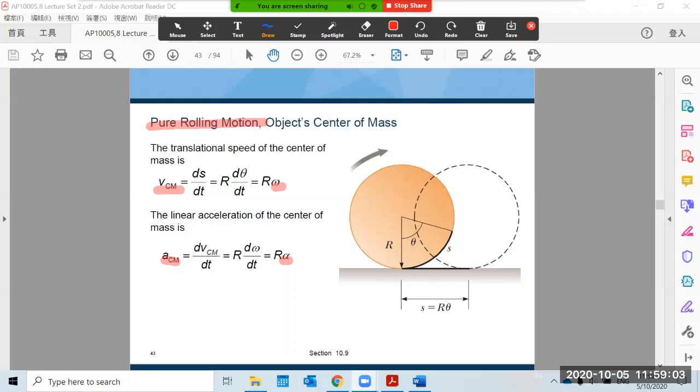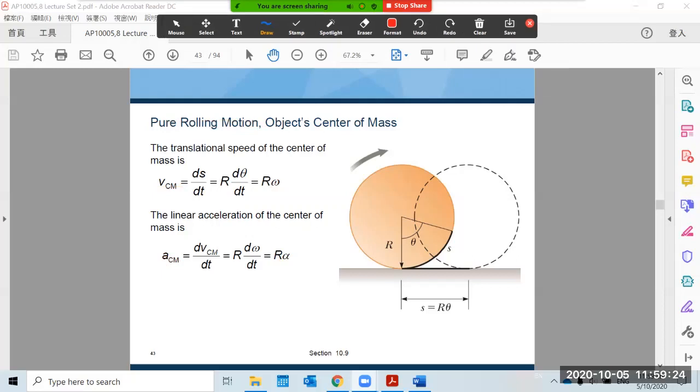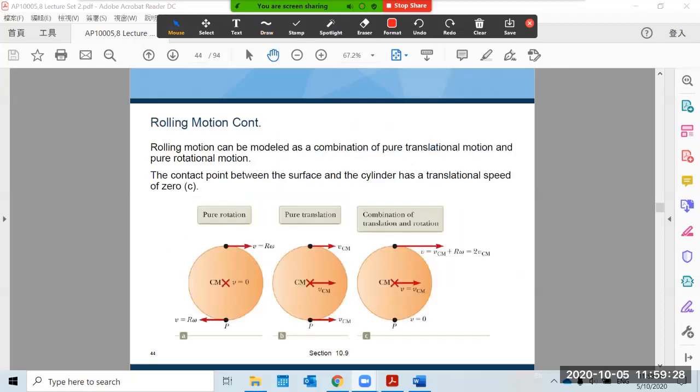So this would be very important to connect the linear motion of the center of mass as well as the rotational motion for the object about the center of mass. In fact, when we consider the rolling motion, it is possible for us to think of it as a combination of 2 types of motion.